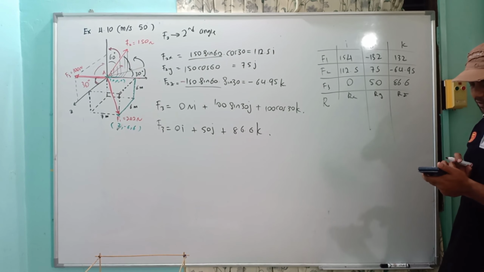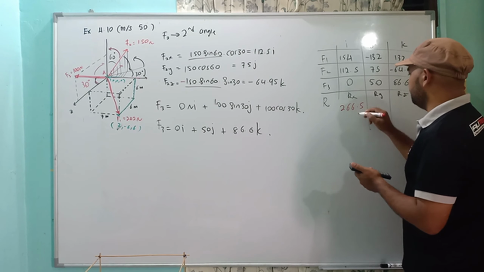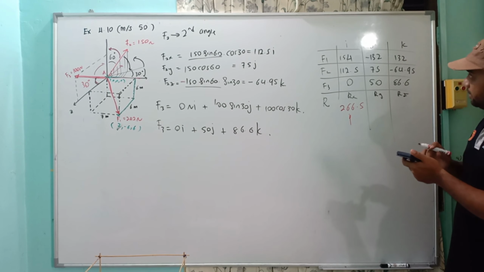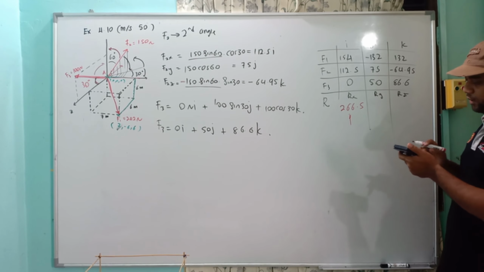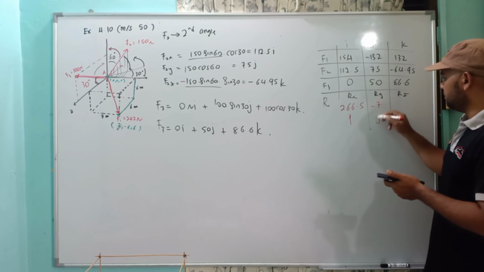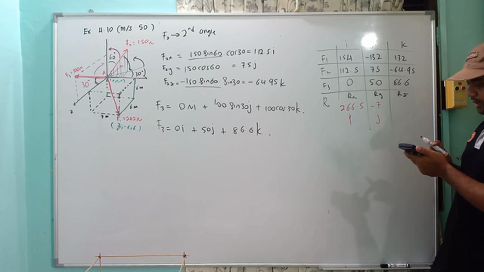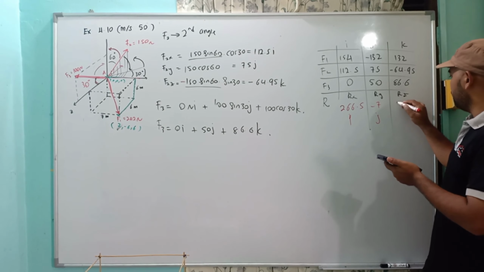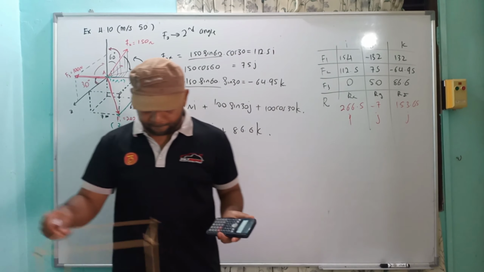So I will add 154 plus 112.5, this one is 266.5 Newton I. And then minus 132 plus 75 plus 50, so you have minus 7 J. And then here we have 132 minus 64.95 plus 86.6. So you have 153.65 Newton K.